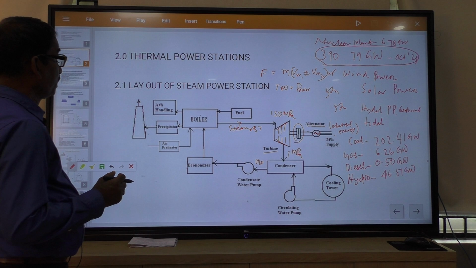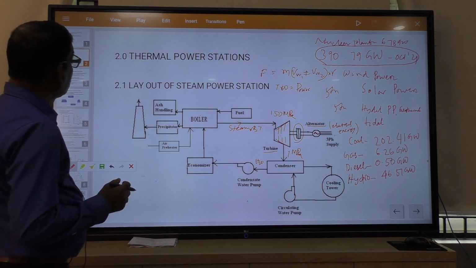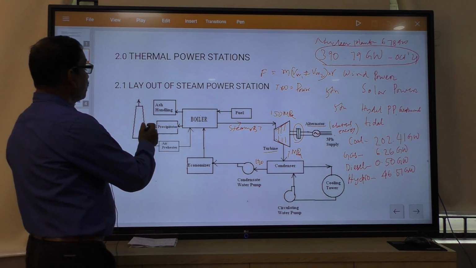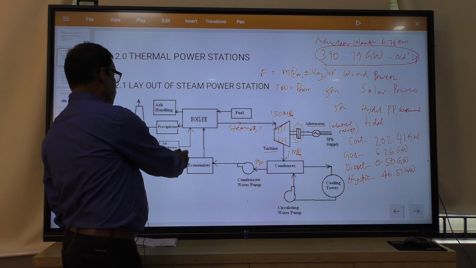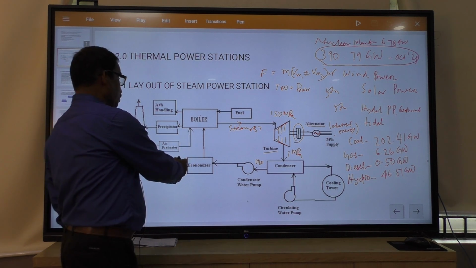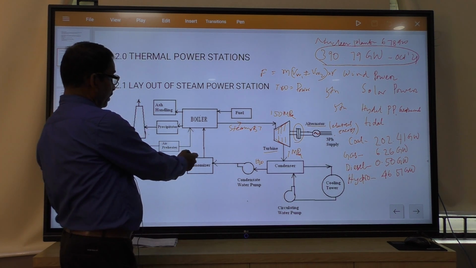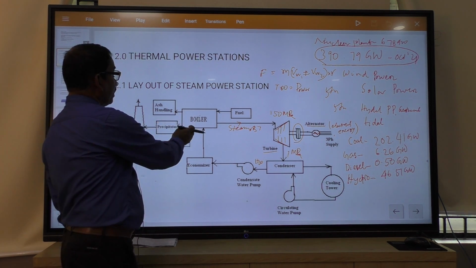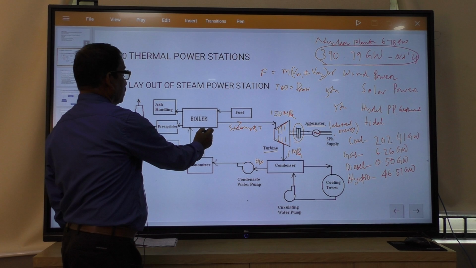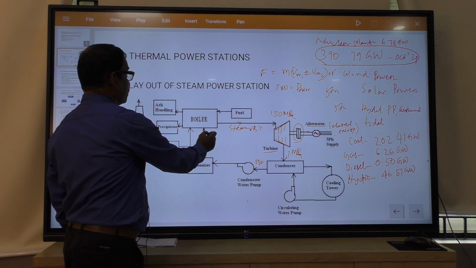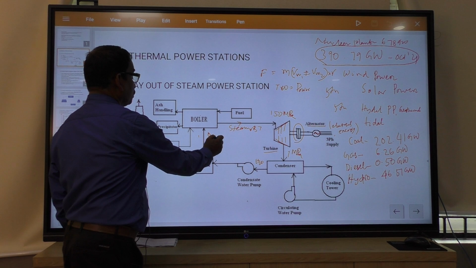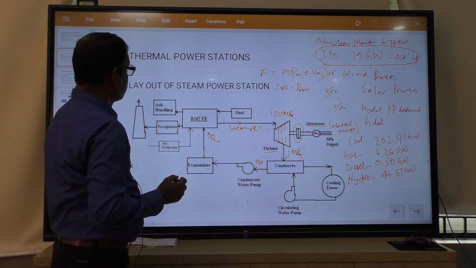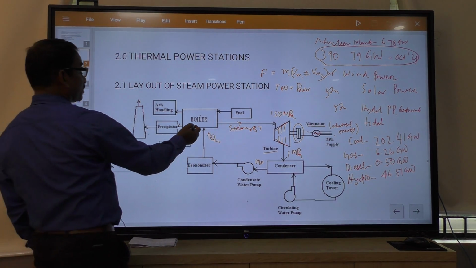Economizer means the waste heat of the boiler can be utilized by the economizer. In the boiler, the coal gives heat energy from combustion, and we get heat input to the boiler from the combustion of coal.